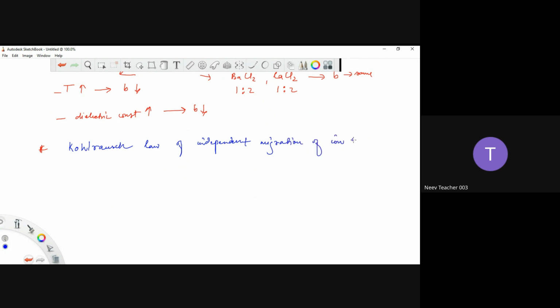If you dilute the solution that much, first of all, the electrolyte gets completely dissociated. Whether it is weak or strong, you need to dilute the electrolyte so that it dissociates completely into ions. Then you dilute it so much that there is no interaction between the ions.